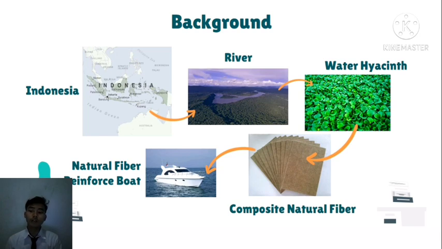The rate of water hyacinth utilization is not yet comparable to its growth rate. If the water hyacinth is processed properly and correctly, it will provide added value. An example of one utilization of water hyacinth is as composite manufacturing fiber.